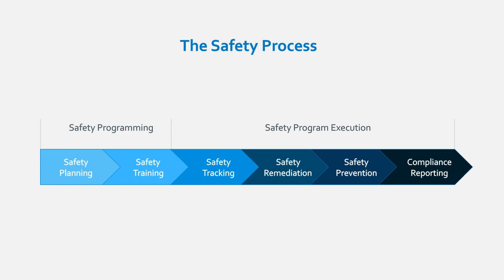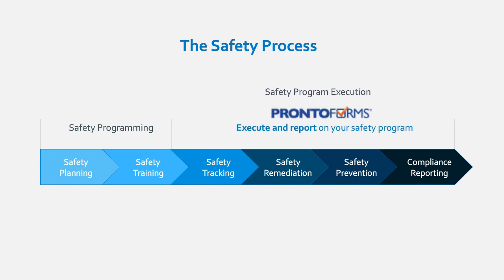Where we play is in the execution. And what we found, as you've seen in the survey, is this is where the wheels fall off the proverbial truck: companies invest a lot of time into the planning and the training, but the ability to track, rapidly respond and remediate against issues, and then by modifying processes, be very nimble in preventing any types of issues related to compliance, and then very rapidly and easily report.